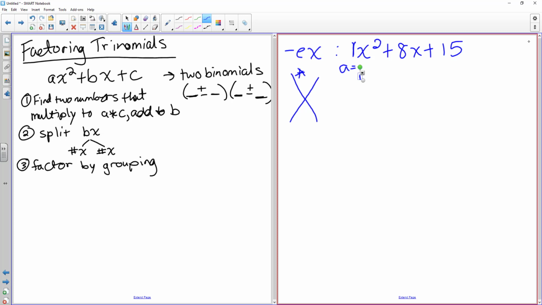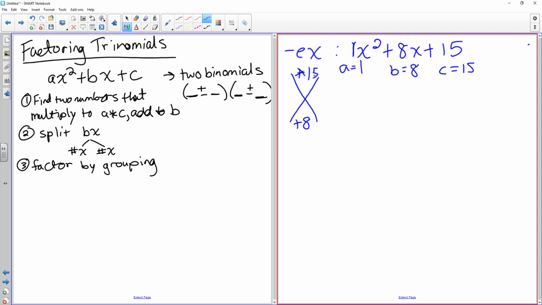A is 1, B is 8, and C is 15. So I'm looking for what multiplies to 15 and adds up to 8.